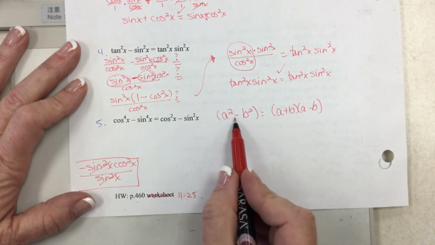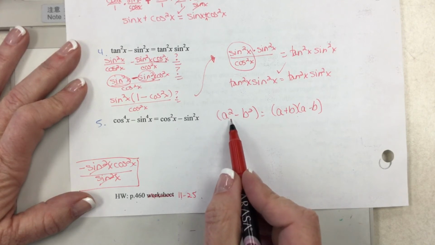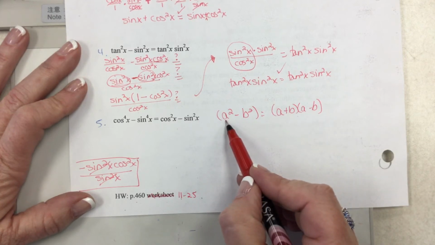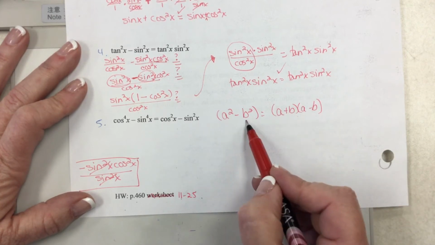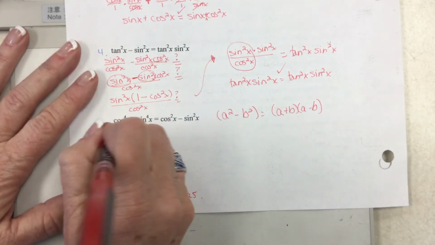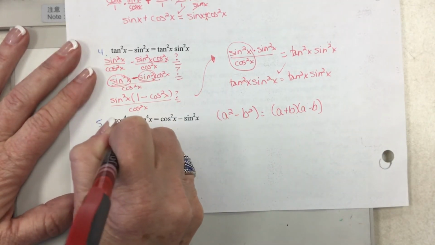This has to be the difference of perfect squares, just like what Eddie said. And this is a times a gives me a squared. B times b gives me the b squared. So knowing that, can I do this?